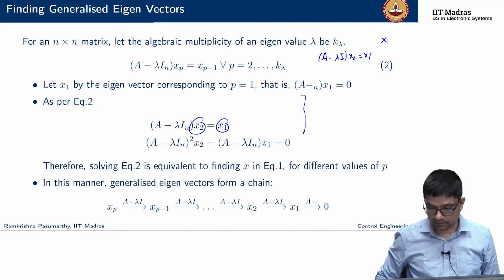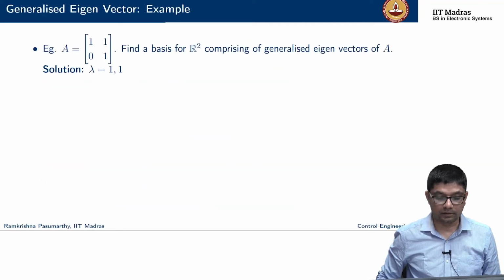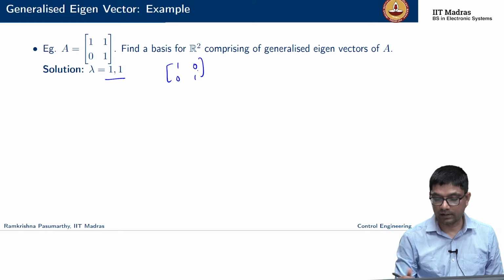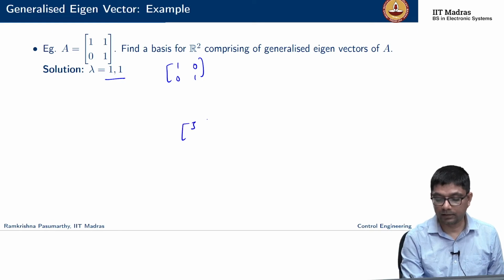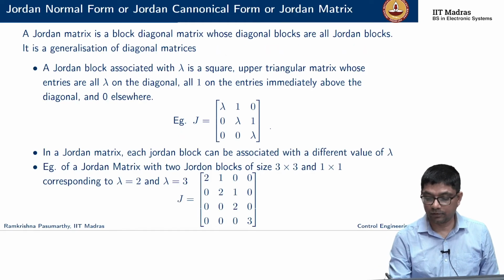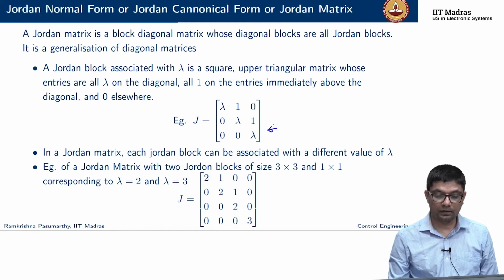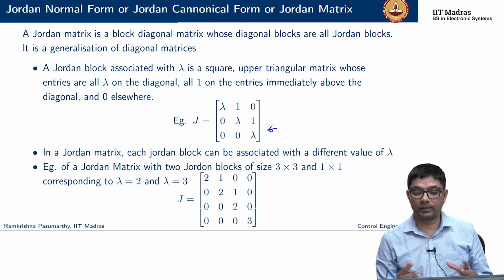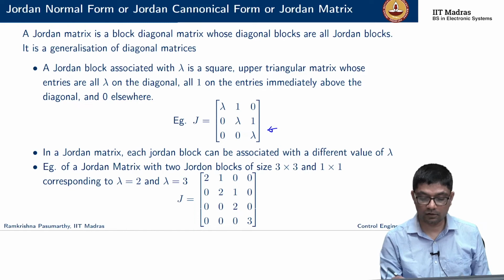Okay, and to solve this, again lambda equal to 1, 1, the basis was (1, 0) and (0, 1). We can also try doing the same for [3 1; 0 3]. Okay, so this is what we talked about. So a Jordan matrix is a block diagonal matrix whose diagonals are all Jordan blocks, right?